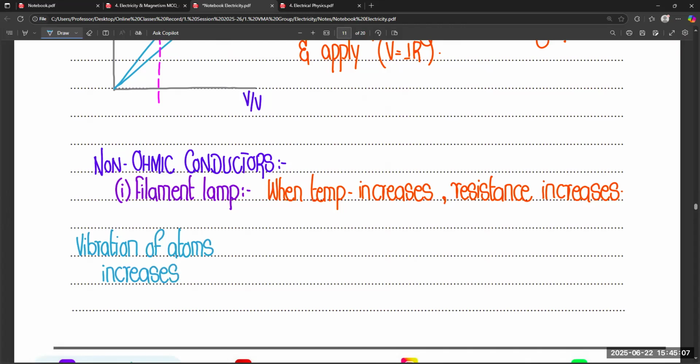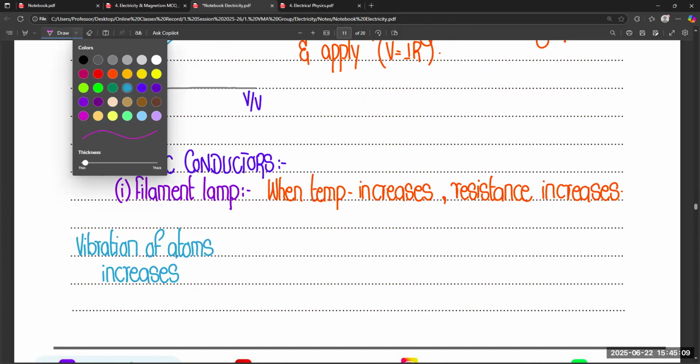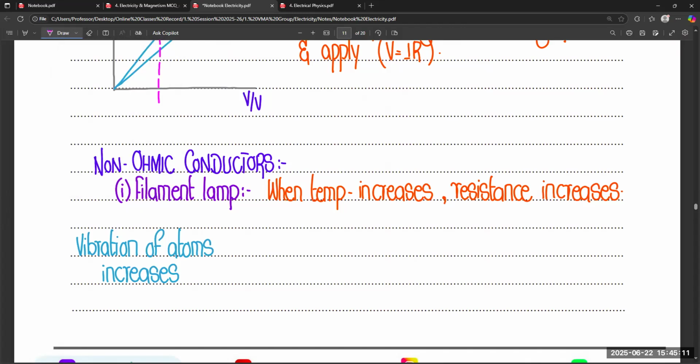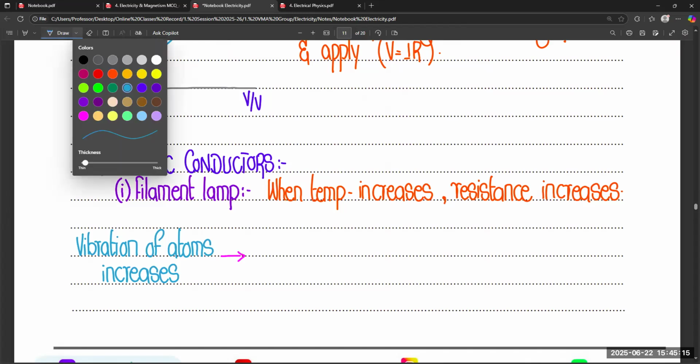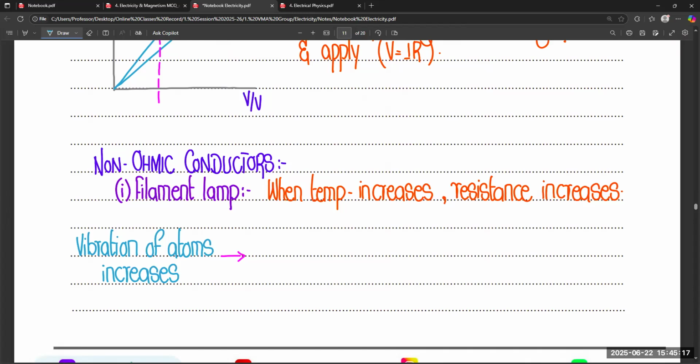Because temperature provides kinetic energy, that's why the vibration of atoms increases. And when the vibration of atoms increases, definitely the electrons that are moving through the conductor from one point to another will slow down.